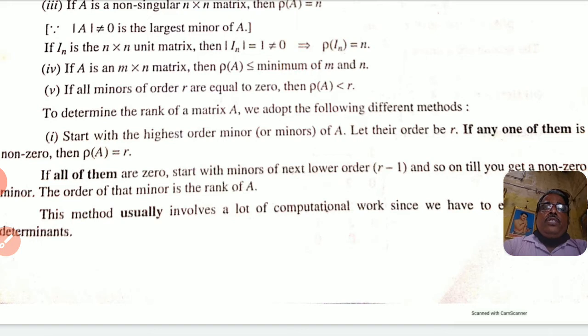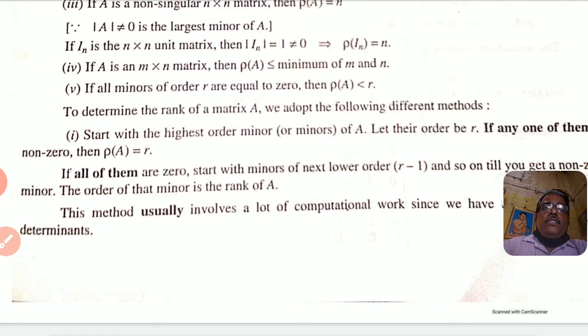If any one of them is non-zero, then the rank of A is equal to R. Suppose you find a square submatrix of 5 cross 5, which is the highest order, and you get its determinant equal to, say, 4.